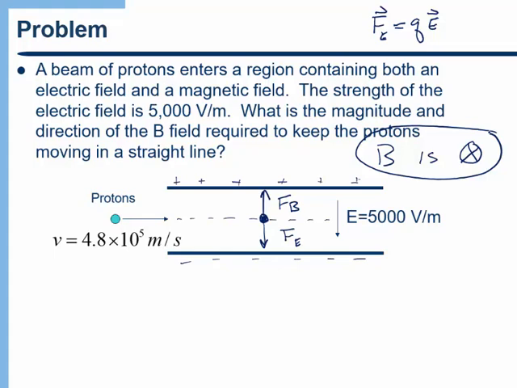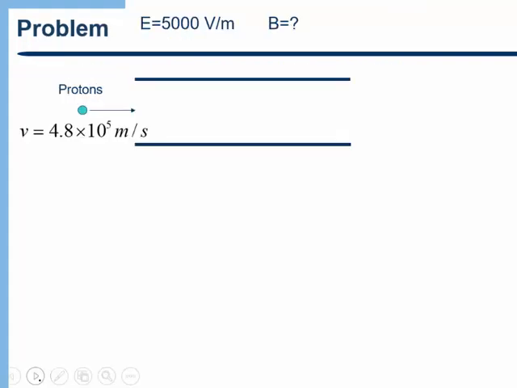Now, to solve the problem numerically, we figured out what direction B is so that the forces are opposite each other. And now we just have to make sure that the magnitudes of the forces are the same so that they will perfectly cancel out. So how do we do that?